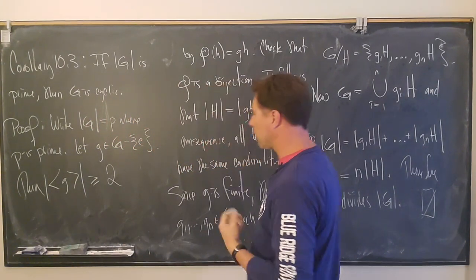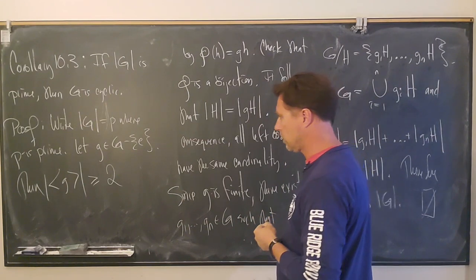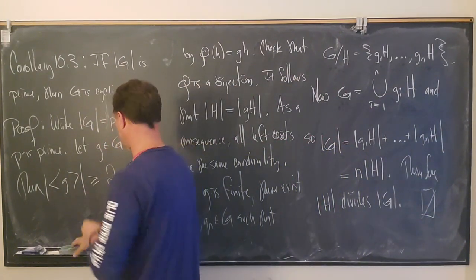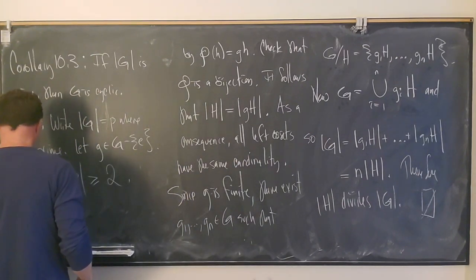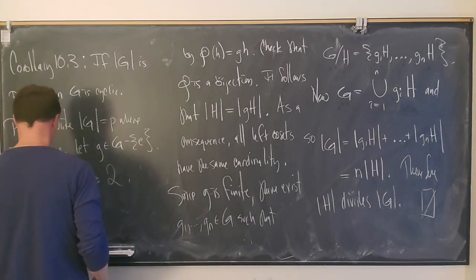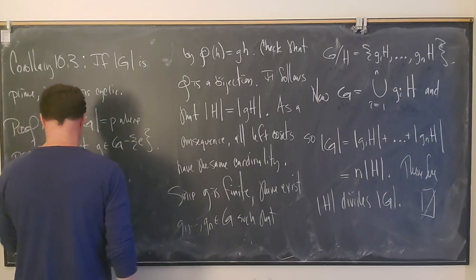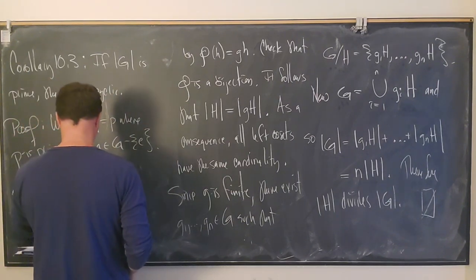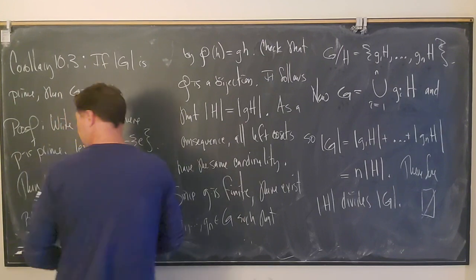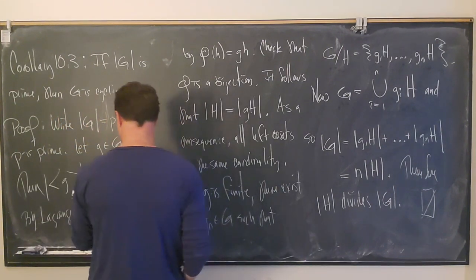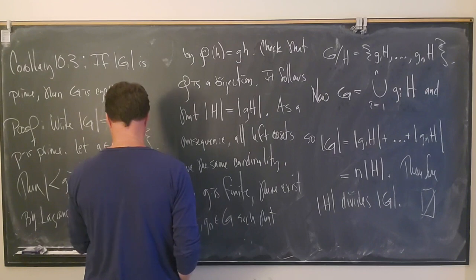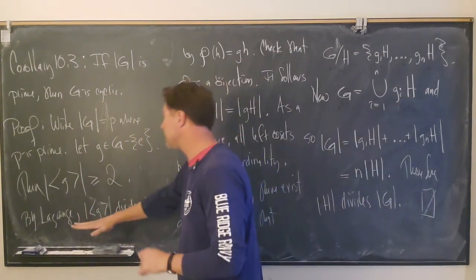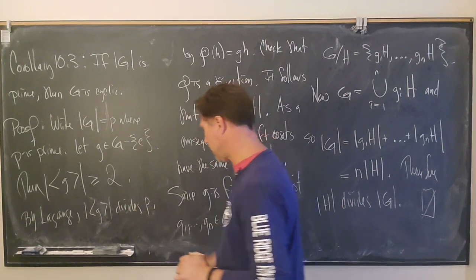Now, by Lagrange's theorem, the order of the cyclic subgroup generated by g has to divide p, and since this is not 1, it's got to be equal to p.